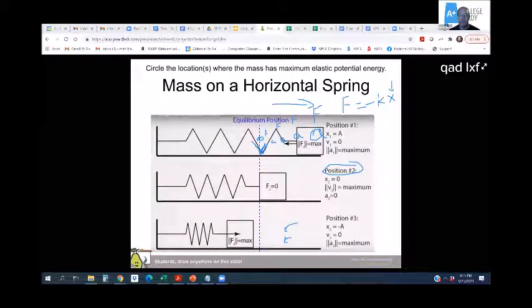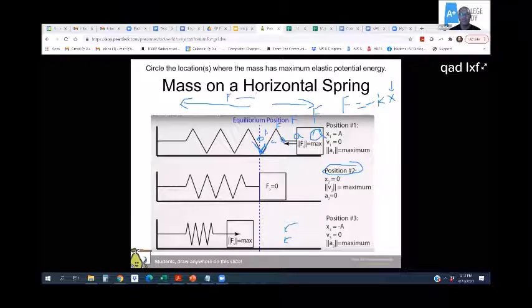So now let's pretend that the box is continuing to move to the left. So we pulled it back to the right, we let it go, and now it's moving back toward the left. As it goes to the left, the spring is now compressing, which means the restoring force is now pushing back toward equilibrium.